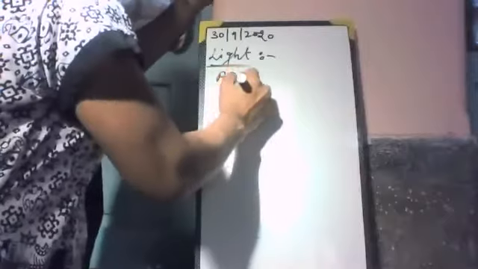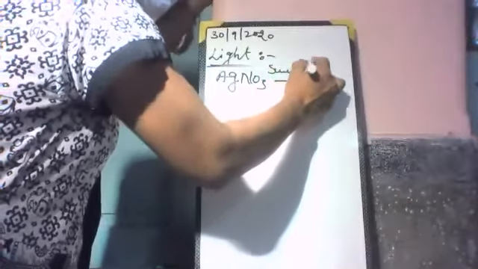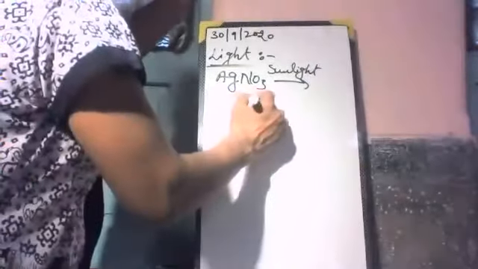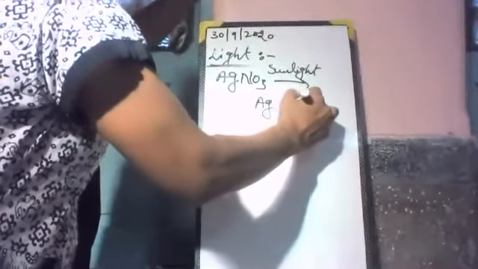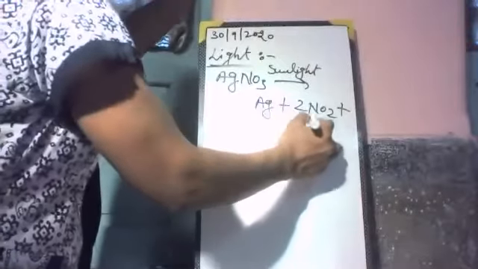A solution of silver nitrate, AgNO3, reacts with sunlight. In the presence of sunlight, silver nitrate decomposes and forms silver, nitrogen dioxide and oxygen.